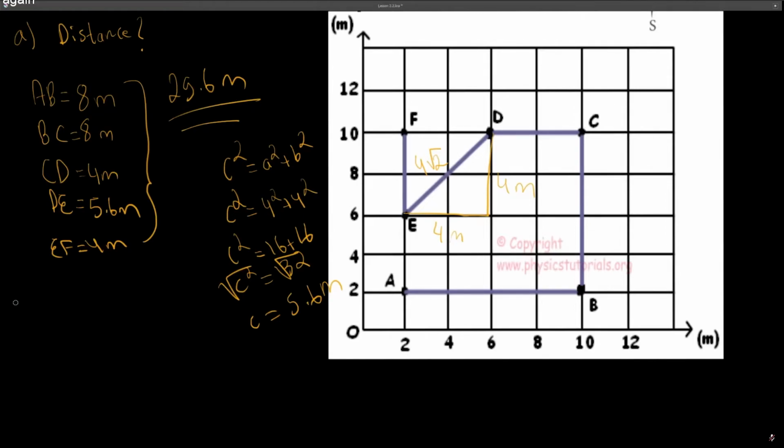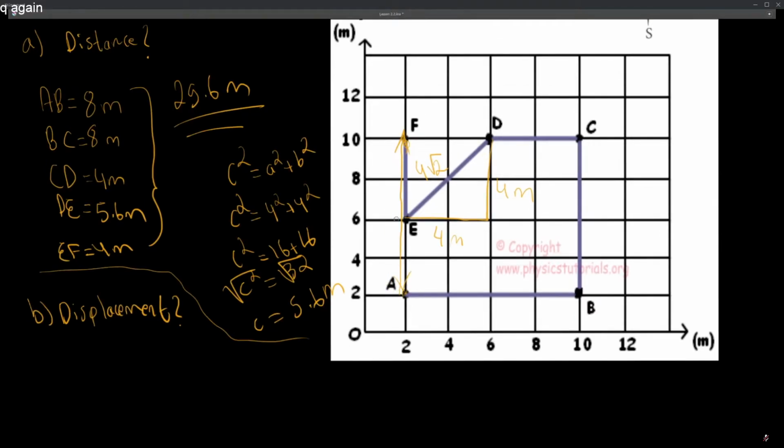Now for displacement, question 2 is asking for displacement. Find the displacement from point A to point F. We're going to simply find the displacement between A and F. So final minus initial.